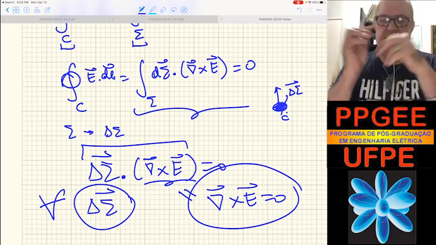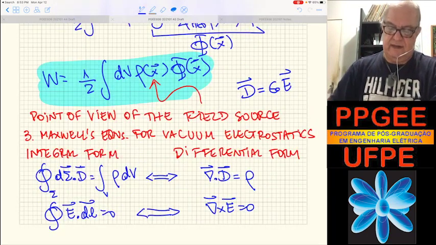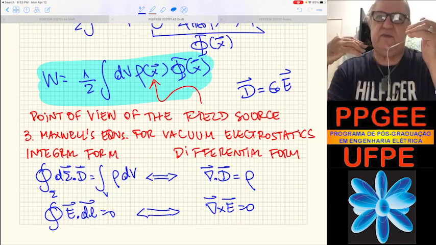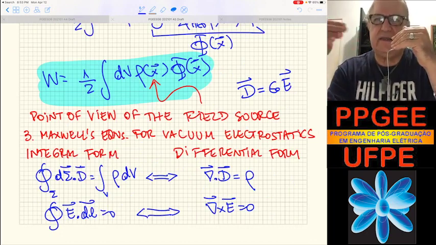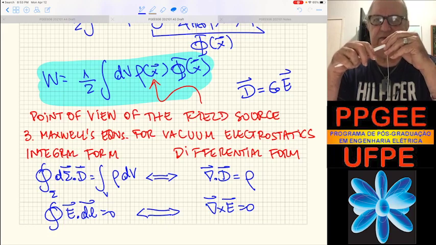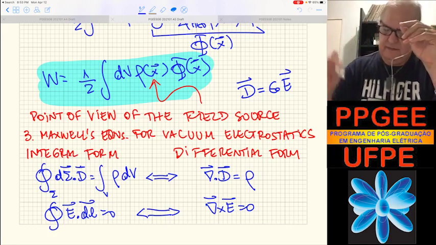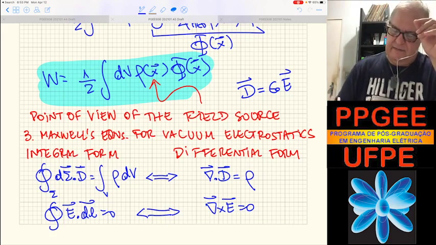That's the second differential equation, right? I mean, we knew that. Any conservative field, which is obtained from the gradient of a scalar function, which is the E field, is irrotational. That's the property, right?